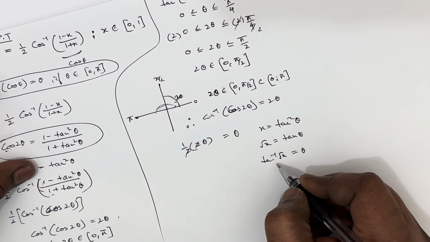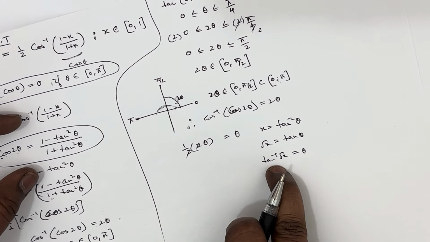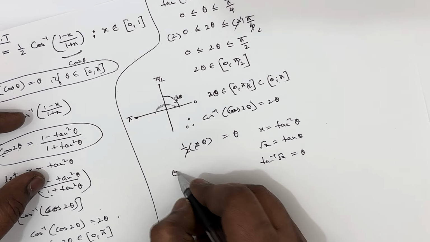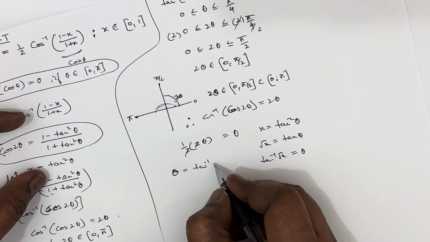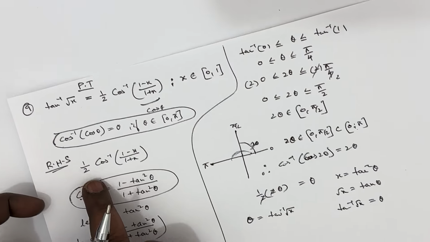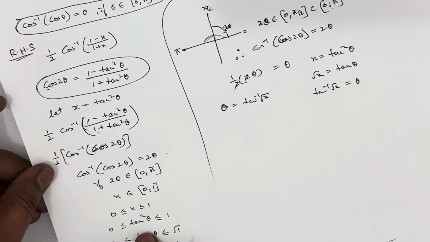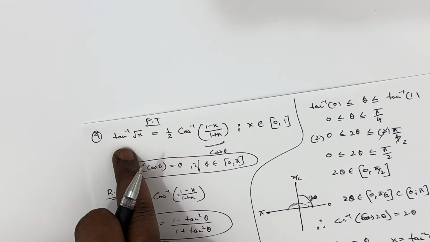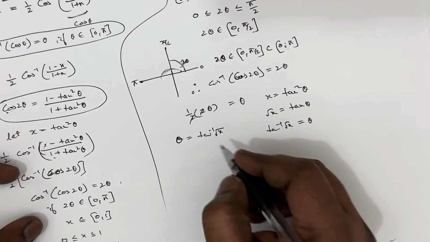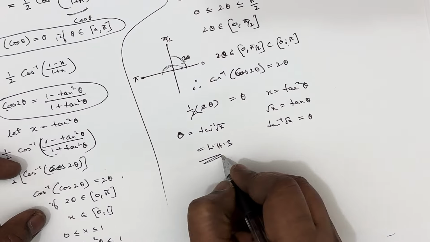So we have proved, by taking the RHS, that it equals tan inverse root x, which is the left hand side, which we had to prove. That's it.